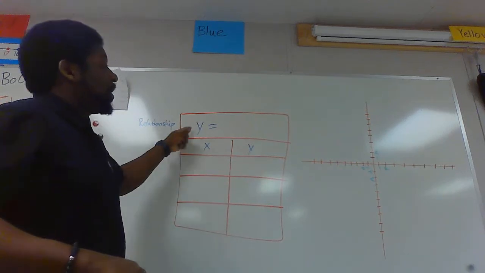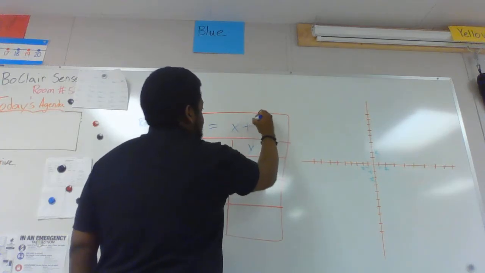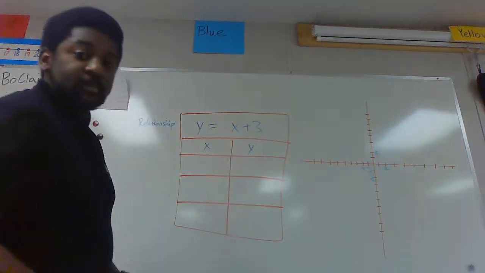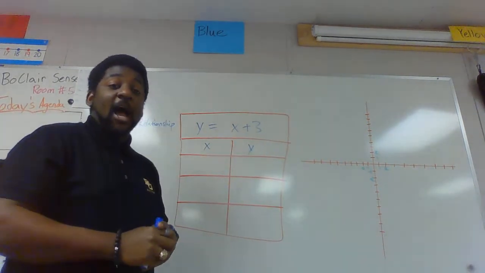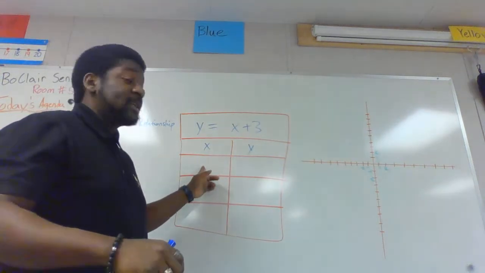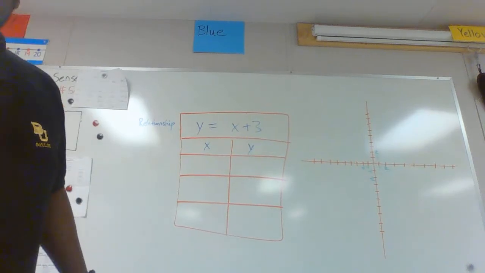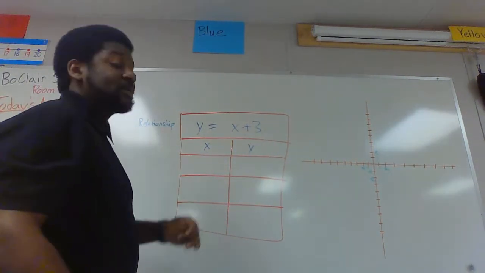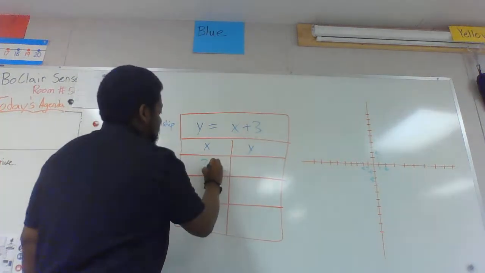So when you have y equals, let's say y equals x plus 3. To find every value in this table, I'm going to choose a value for x, and I'm going to plug it into this formula up top. Watch how I do this first one. Y equals x plus 3. So let's say that x was 2.